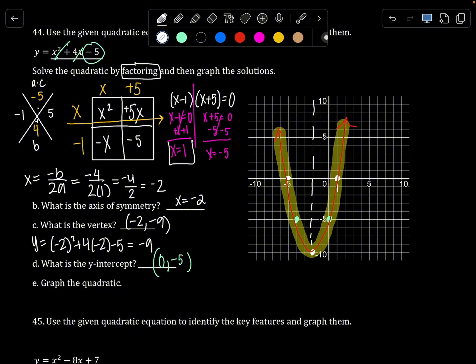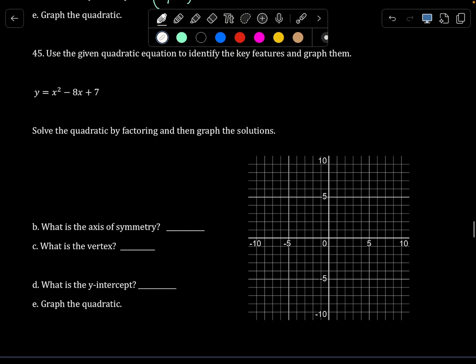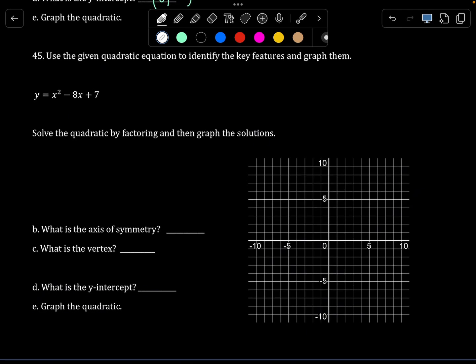Okay, sweet. Let's go over number 45 now. Same idea. I want you to give this a try. Go ahead. And then I'm going to set you up for success. Does say solve by factoring.